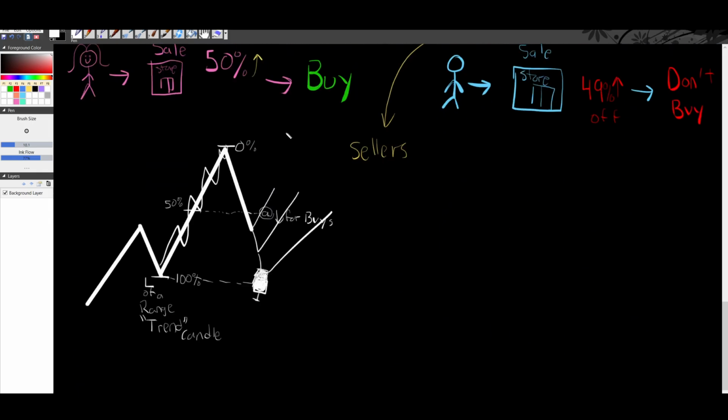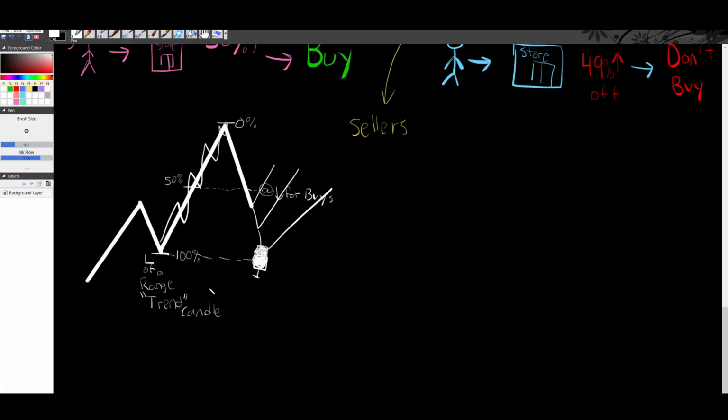So this is happening across the board, where this could be the low of a whole trend. It could be the low of a couple candles that just made a range. It could be the low of a candle. The point is just that conceptually, it can happen on a lot of different scales.